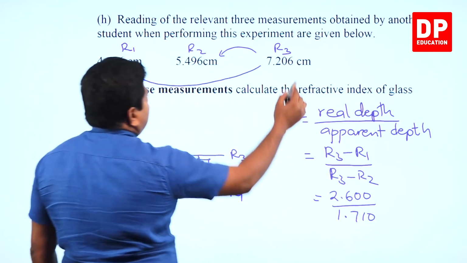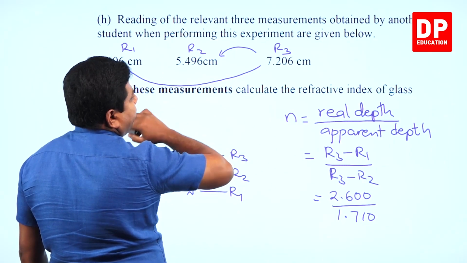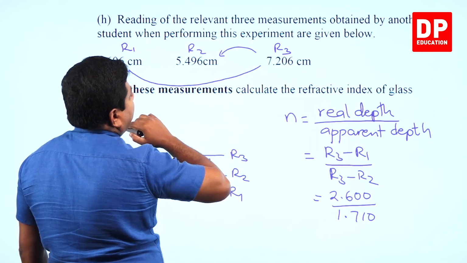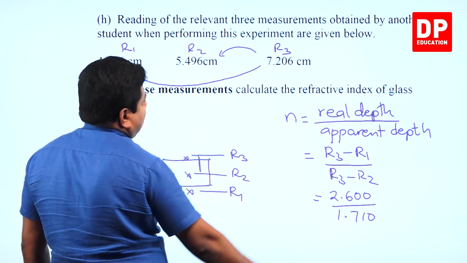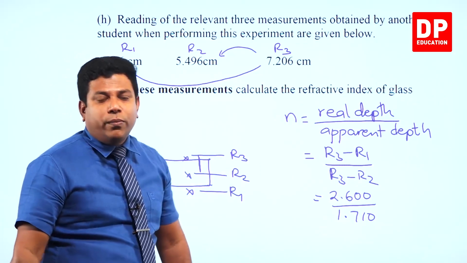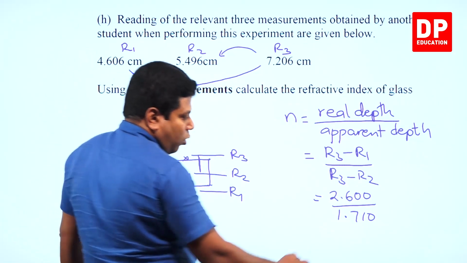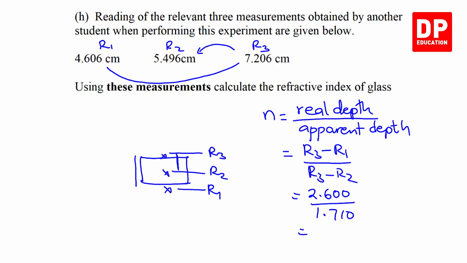R3 minus R2, subtracting these two, you get 1.710. Let's divide this and see how much we are getting. 2.6, that is 26, or let's say 260 divided by 171.